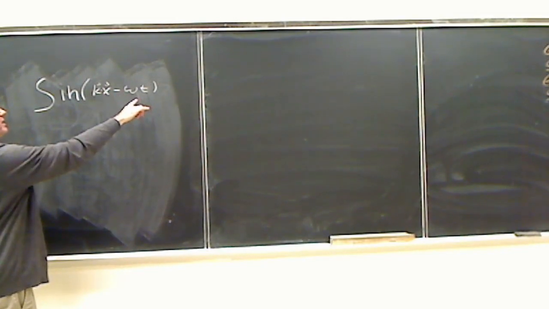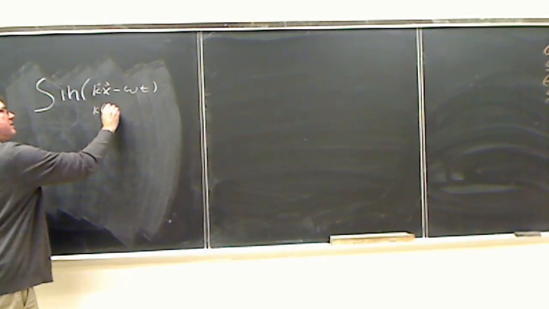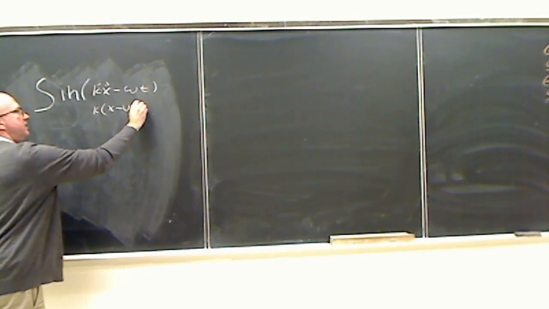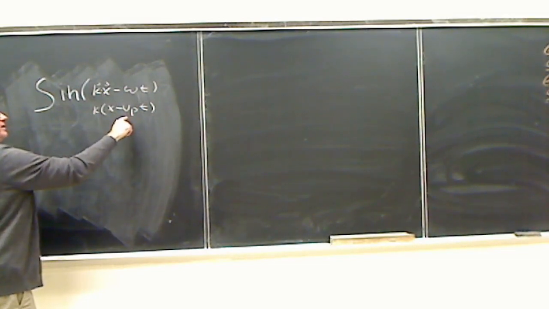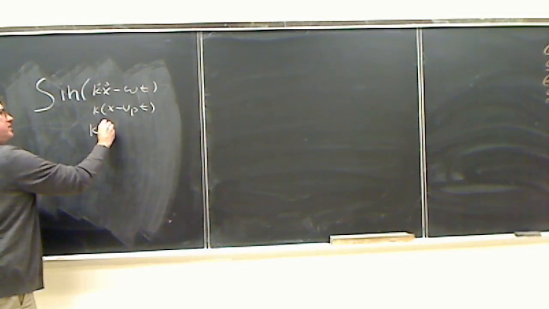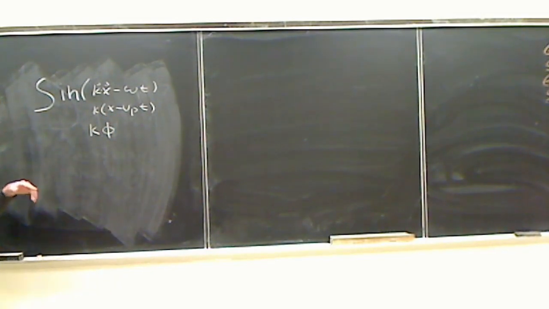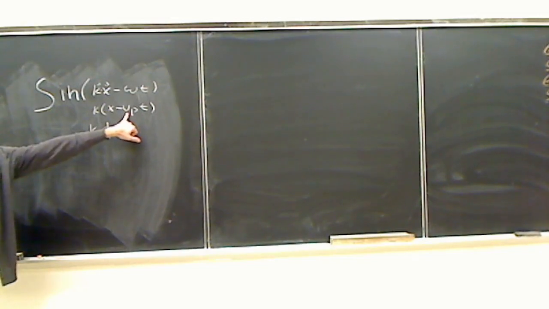Sine of kx minus omega t, or you can rewrite this as k times x minus vp t, where vp is just omega over k. We just factor out a k. So this is just k times some phase. This is the wave number, and this is the phase of the wave, and that phase changes both with space and time in that it translates with the velocity vp.